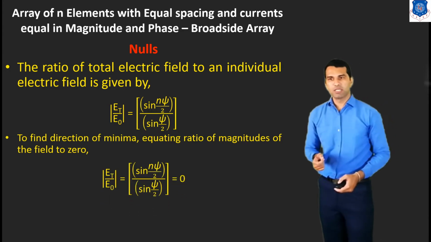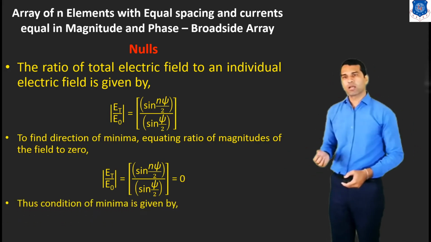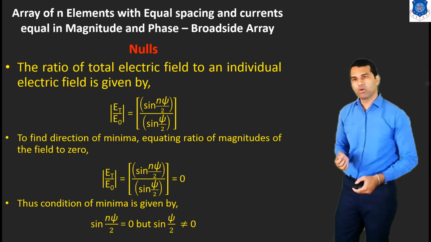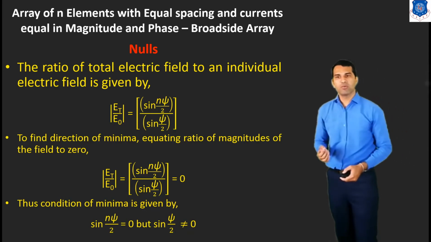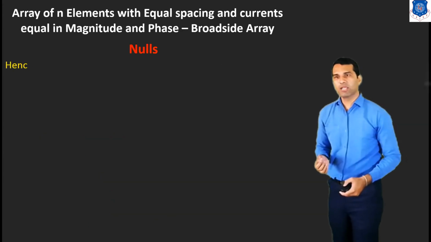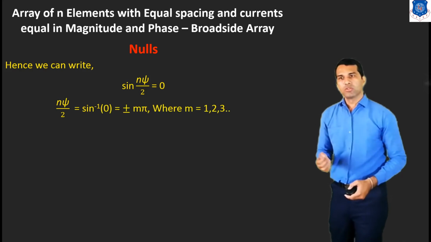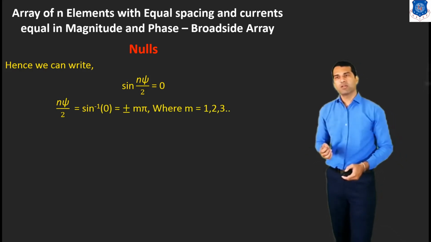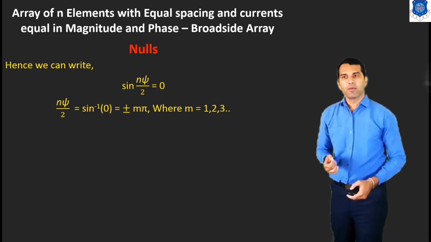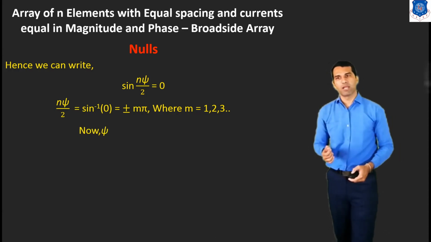So sin n psi by 2 upon sin psi by 2 is equal to 0. The condition for the null is that sin n psi by 2 is equal to 0 while sin psi by 2 is not equal to 0. So sin n psi by 2 is equal to sin 0, and we know that sin is 0 at m pi, that means pi, 2 pi, 3 pi.